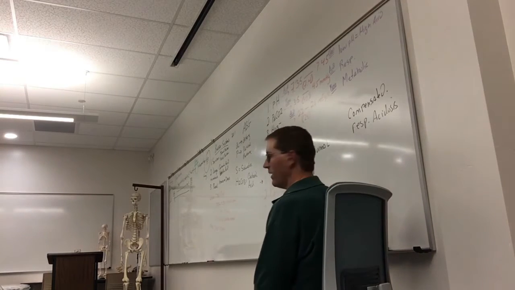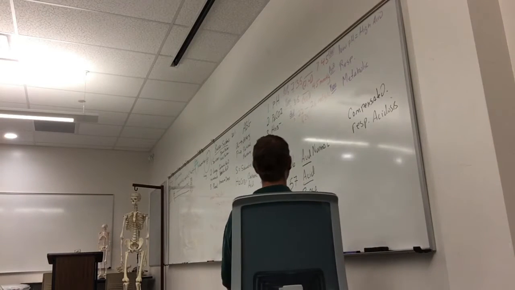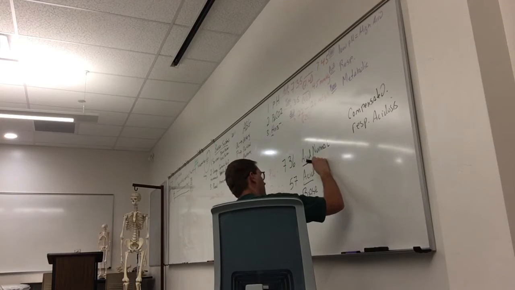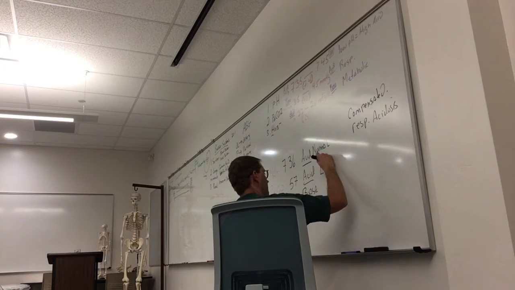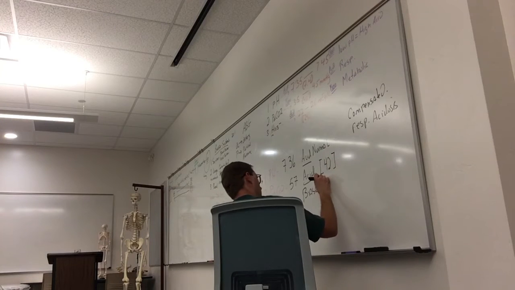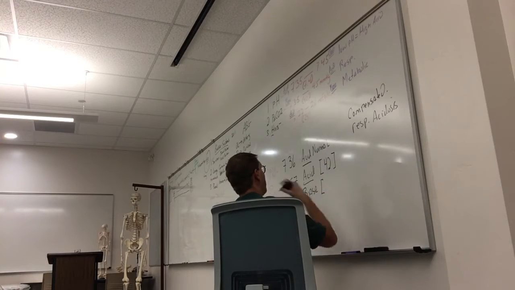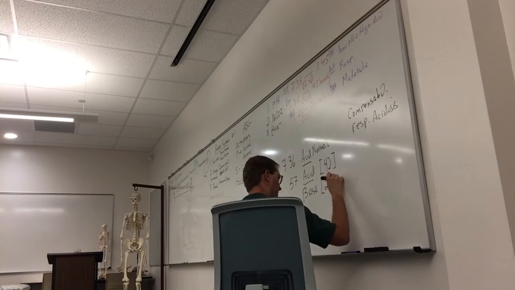Now what I'm going to do is change this one up slightly. Let's say instead of 57, we had a CO2 of 42, and instead of 28, we had a bicarbonate of 23.